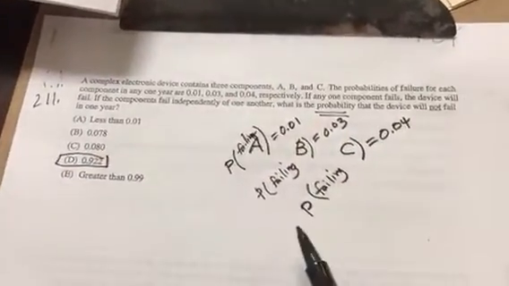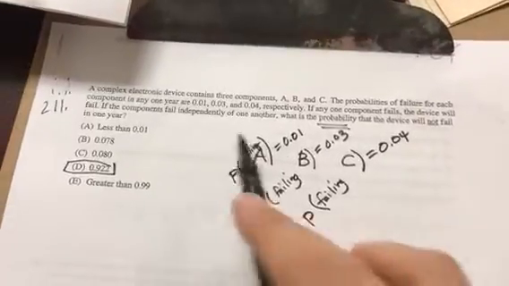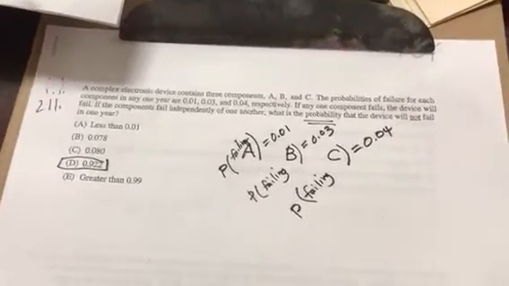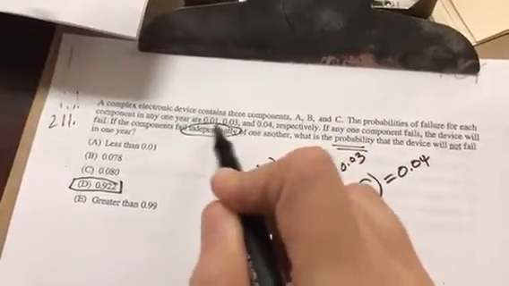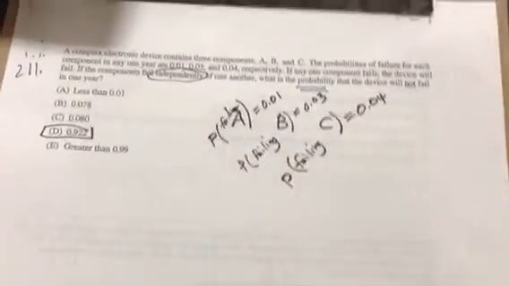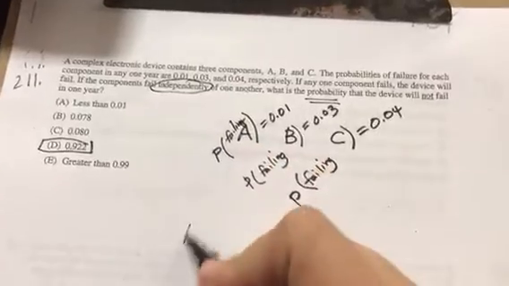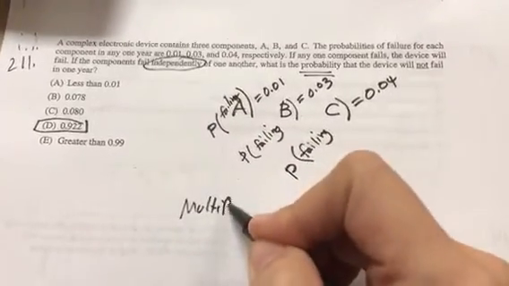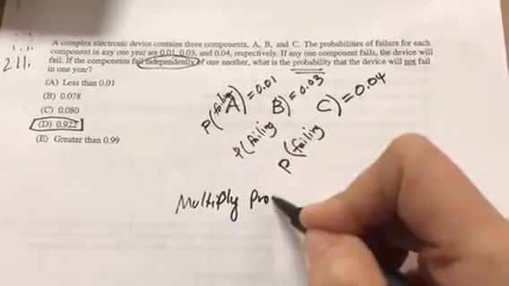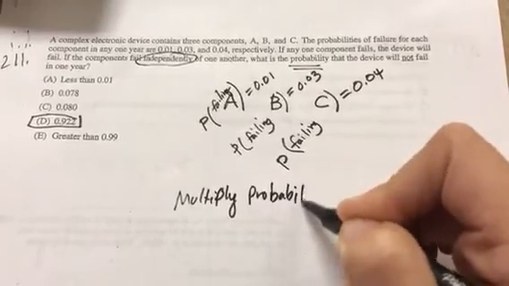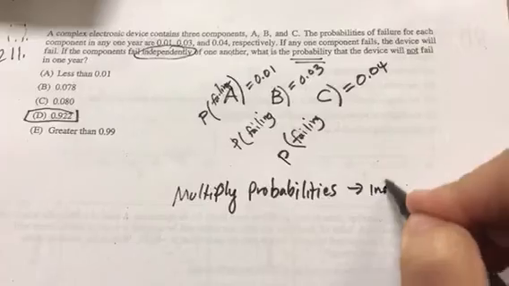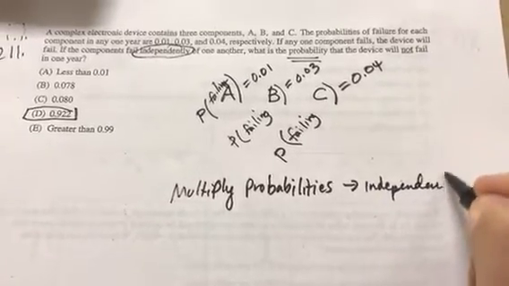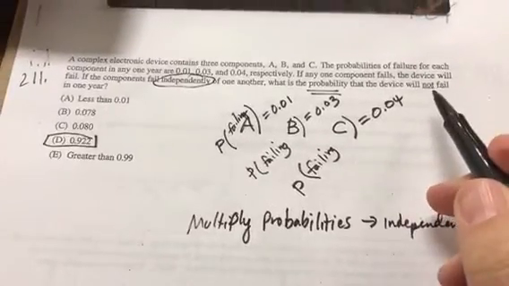So how do we calculate the probability of any of these failing? And that's when we get into our probability rules. So as long as each component is independent, we should be able to multiply their probabilities since they're independent. So let's go ahead and try that.